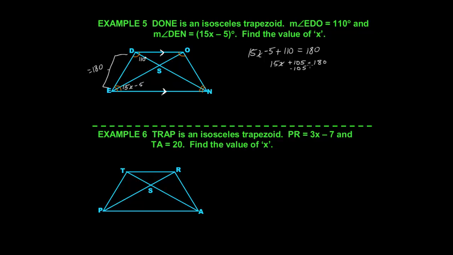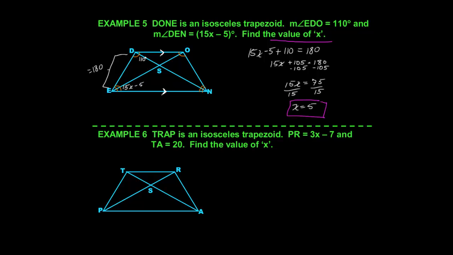Subtract 105 from both sides. 15x at that point equals 75. Divide both sides by 15. You will find that x equals 5. Problem is solved.